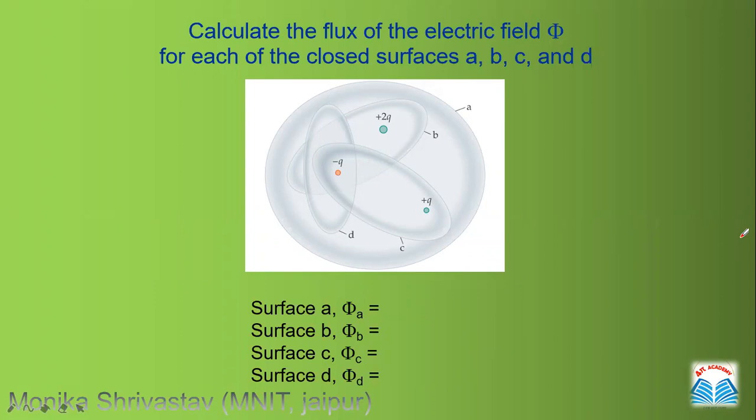If we want to calculate the flux for the whole surface A, what you will do is add those charges that are situated inside that surface only. You just add them and conclude phi A.